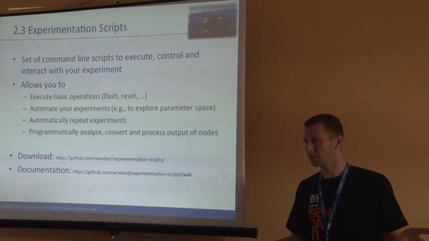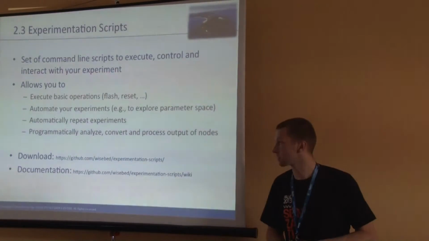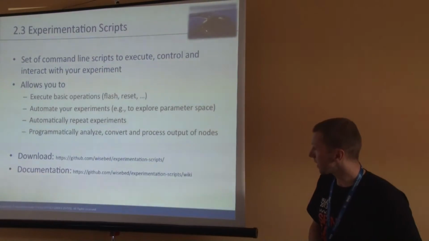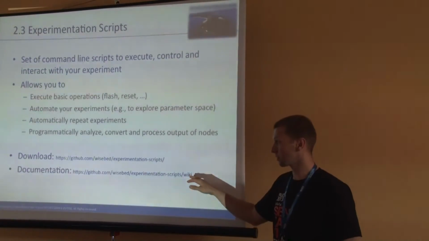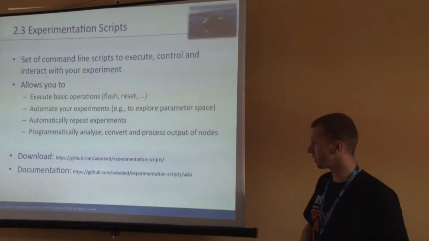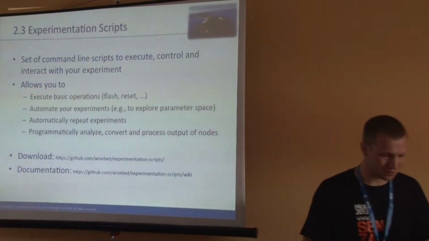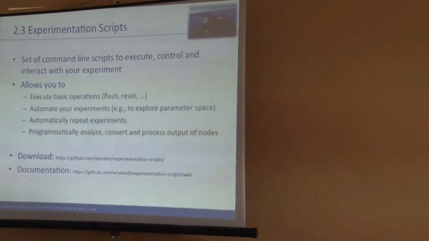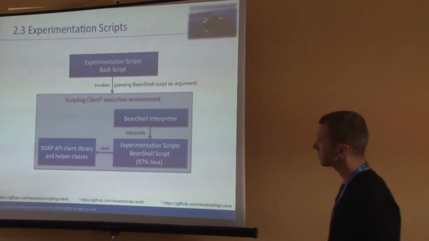Well, there is API documentation, but nothing documents an API better than the code that's actually using it. So you can go to the web page, you can go to the documentation, which is pretty full, pretty long. I just want to run you through the basic setup of the scripts.